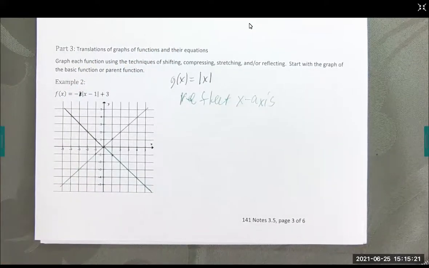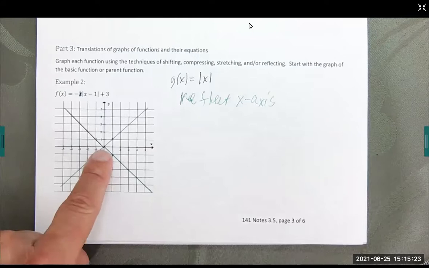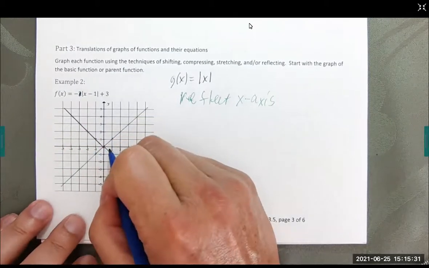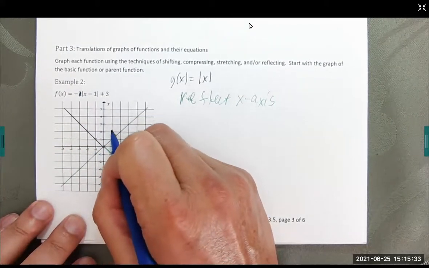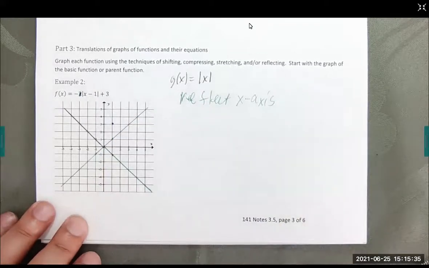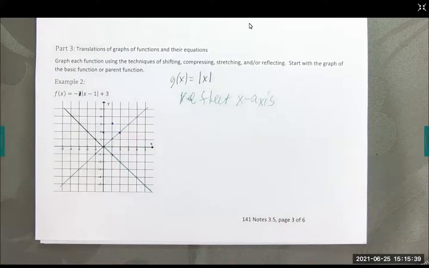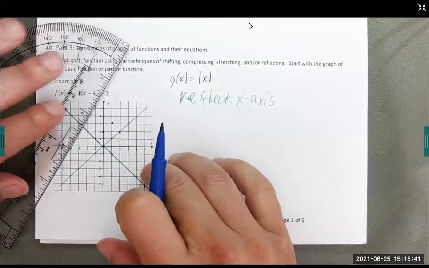And then we're going to move the vertex. The vertex right now is at 0, 0. We are going to move this, and this is going to be our final graph. We're going to move it right 1 and up 3. 1, 2, 3. So our actual final graph is going to be this one here.